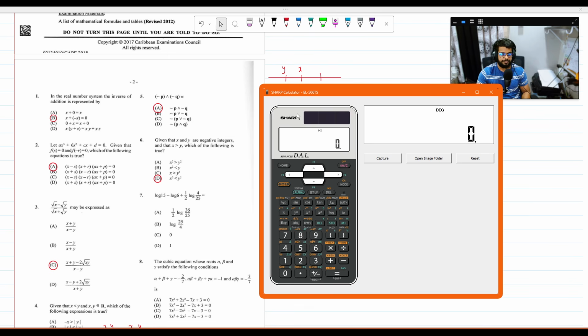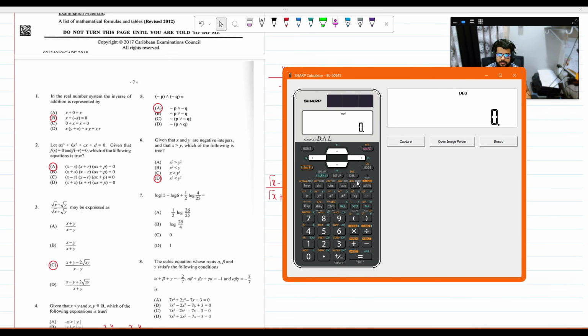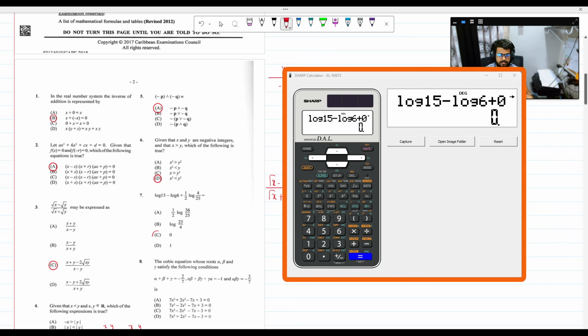So let me go: log 15 take away log 6 plus log 4 over 25 raised to the power of a half, or we could say 0.5 log, open brackets, 4 divided by 25, close brackets. The answer is 0. Bam.